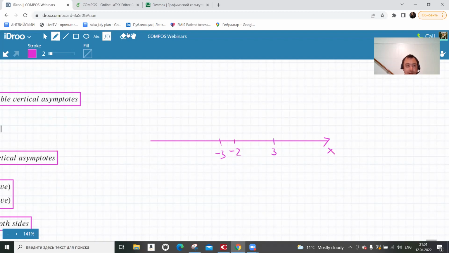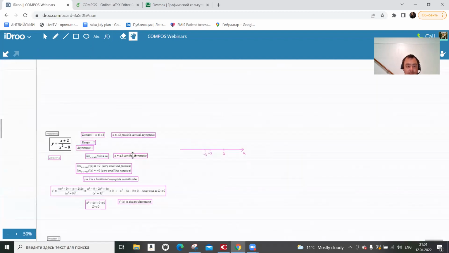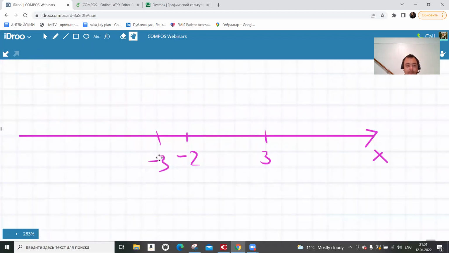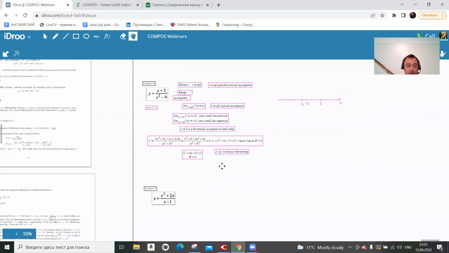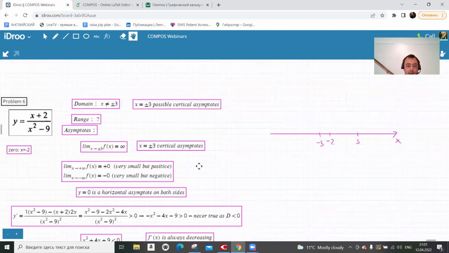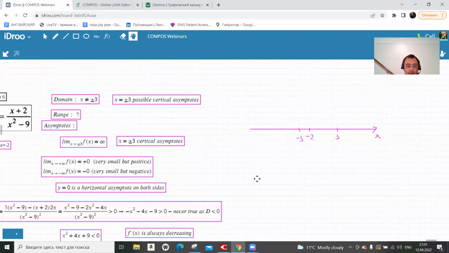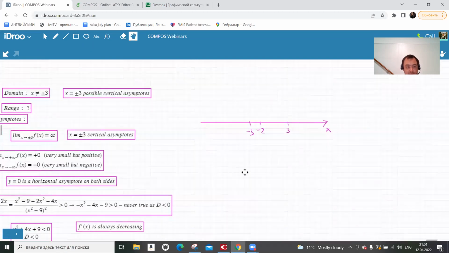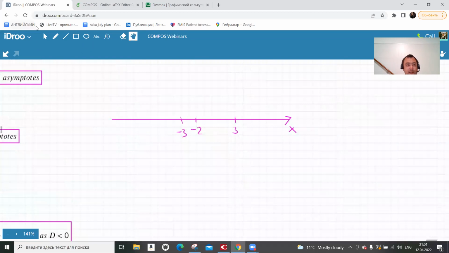We know that the function is always increasing. It was decreasing, sorry. And also that y equals 0 is an asymptote.